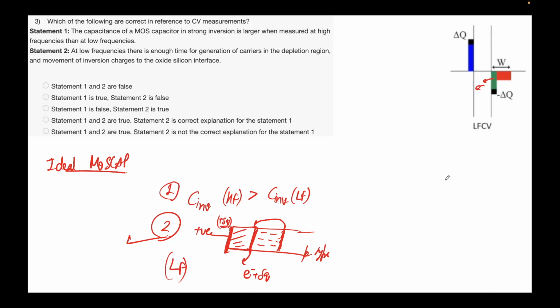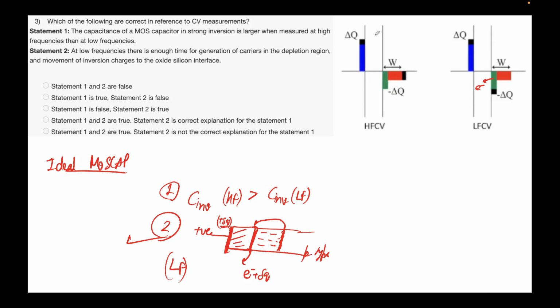At low frequencies this is possible. At high frequencies, if you put a charge here, the electron will not get sufficient time, so the depletion region has to provide that extra charge. So this extra charge that you see in black here has to be provided by increasing the width of the depletion region in case of high frequencies.